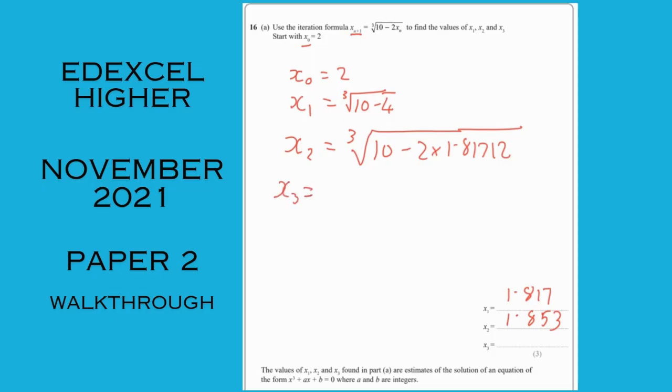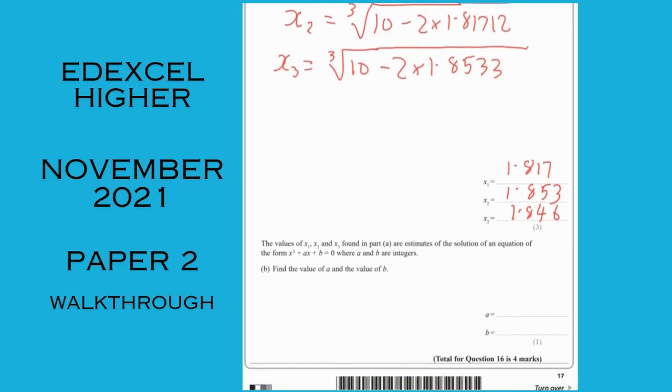Well, to get the third term, it's the cube root of 10 minus 2 lots of my most recent nonsense. And that would give you, what does it give me? 1.846 with a 2-6 on the end. And there we go. So don't get put off by them. I think they're gold mines because it's just using a calculator and rounding off. What more do you want for 3 marks?